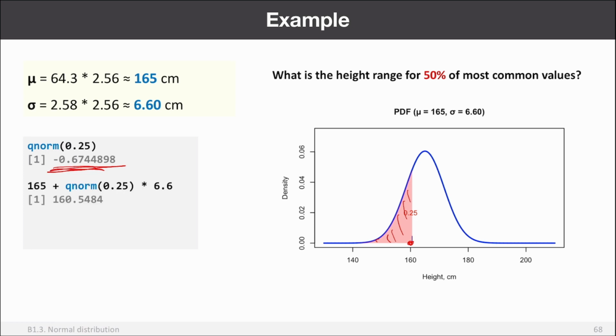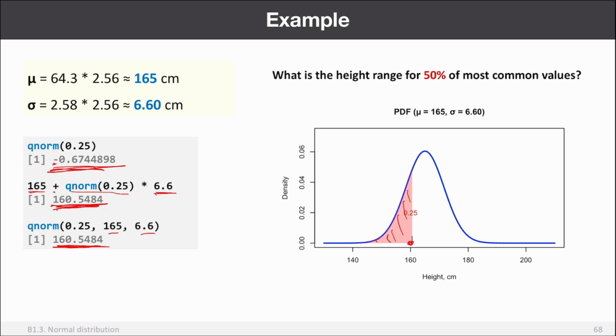So it means that I need to compute this manually. So I need to say 165 plus Q norm times 6.6. And that gives me the value, right? Or I can run this function with parameters, right? So instead of using the standardized normal distribution, I use the normal distribution for this particular population with these given parameters. So you can see I provide parameters, and you can see the value is identical, okay?